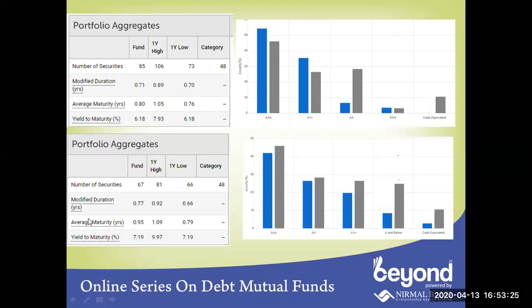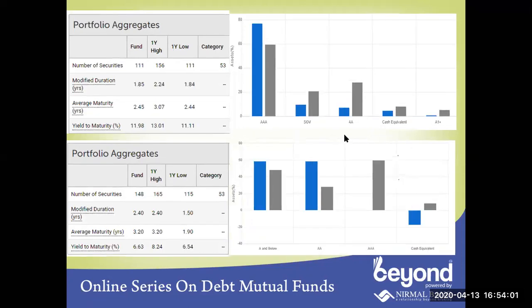The second fund's average maturity is around 0.95, where the modified duration is 0.77 and 0.71, less than a year, and the YTM is 7.19. Which one will an investor generally select? Definitely the 7.19, because the YTM of the fund is much higher, while the modified duration has only a marginal difference.